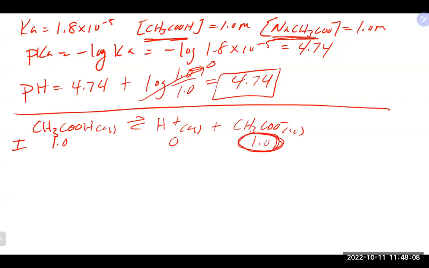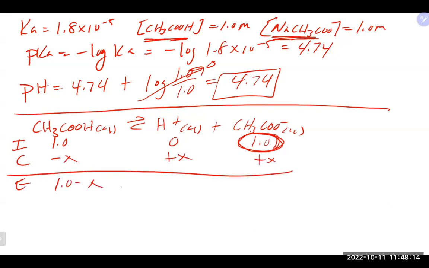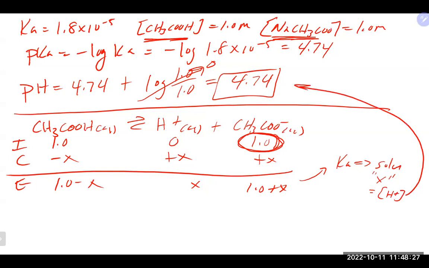So you got to make sure you have that guy. Change would be minus x, plus x, plus x: 1 minus x, x, 1 plus x. This obviously goes into your Ka. You solve for x. X equals the H plus concentration, and then you get to your pH again, which would get you basically the same answer, hopefully.